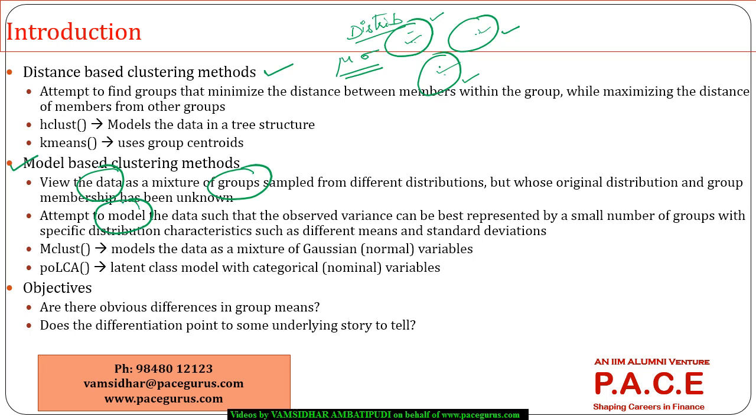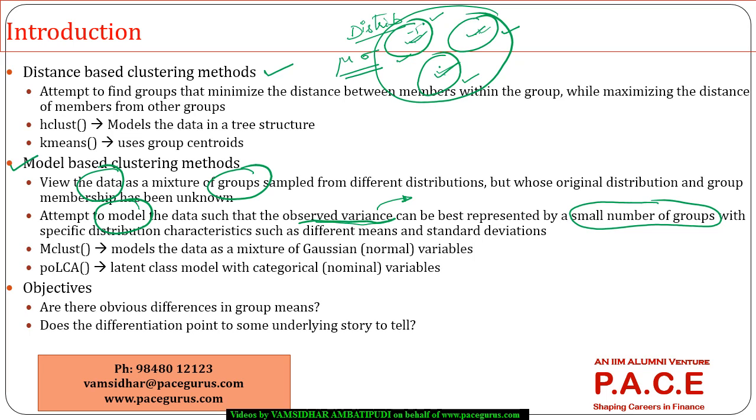So I am trying to create the model such that whatever is the observed variance of the total data, I want to represent this total observed variance by a small number of groups. Each group follows specific distribution characteristics, and the overall variance I want to express in terms of the variance of the individual groups.